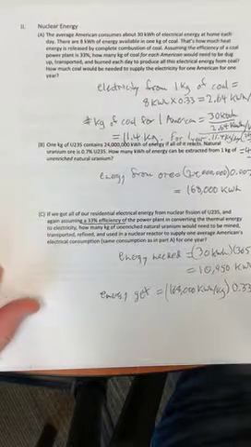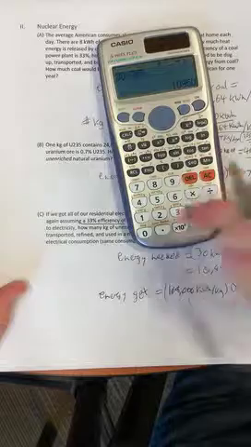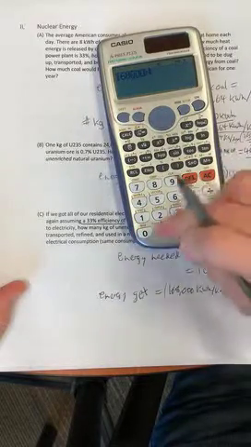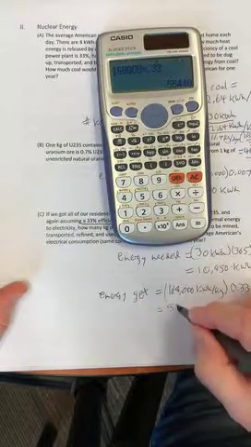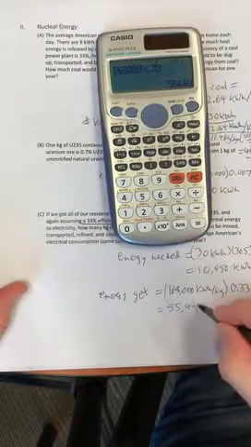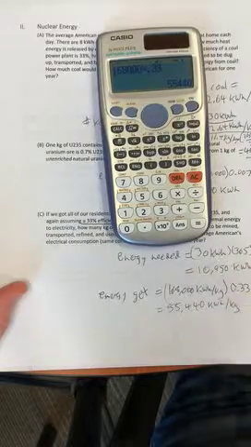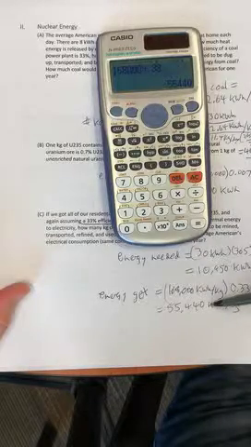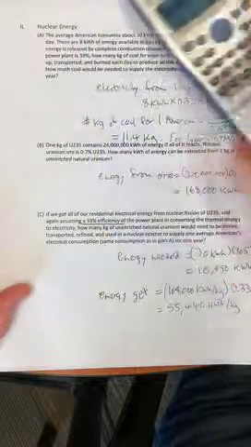That's that efficiency again. I get less energy than that because it's not a perfectly efficient plant. 168,000 times 0.33 gives me 55,440 kilowatt hours per kilogram. So that's how much energy actually makes it to my house from each kilogram of raw ore.